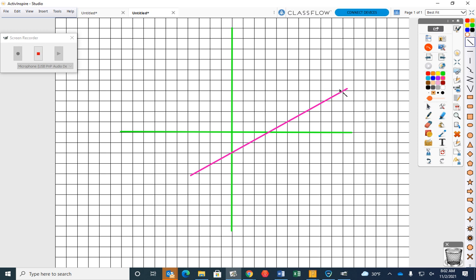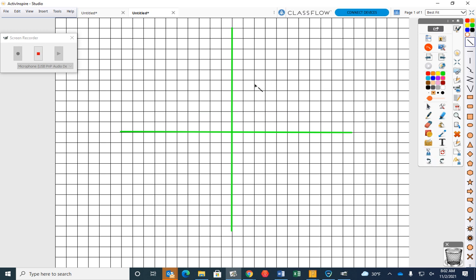What kind of slope do you think that is? Positive slope. Are you with me so far? Yes? Okay. What if I have something like this? Is that going up or is that going down? Neither. When you have a straight line like this, that's what we call no slope. There's no slope. Did you write that down?